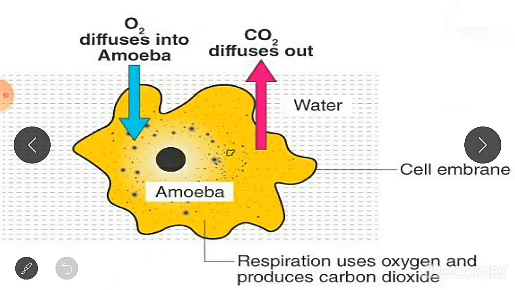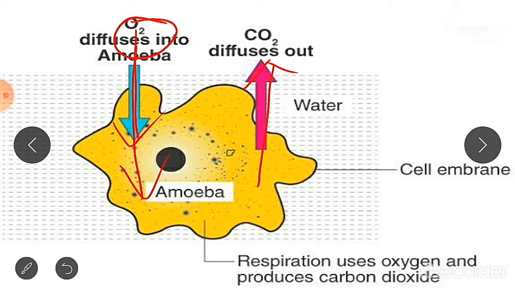In amoeba you can see oxygen enters the cell by the process of diffusion. Also carbon dioxide diffuses out by the process of diffusion, okay. So when the level of concentration of oxygen inside the cell decreases, oxygen from outside diffuses inside the cell, that is amoeba.